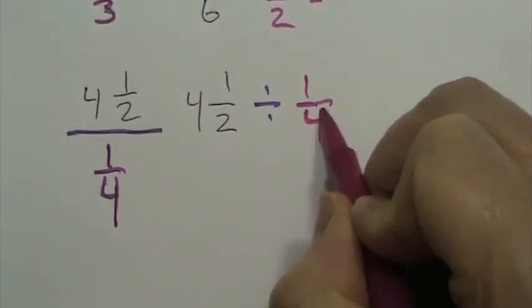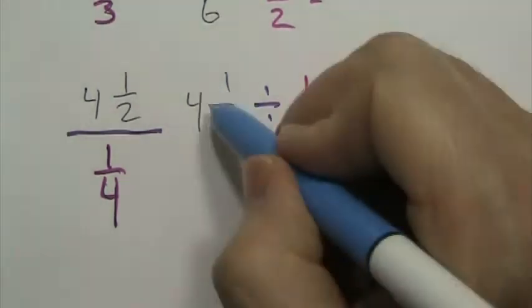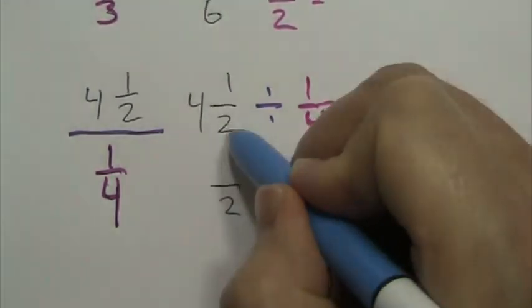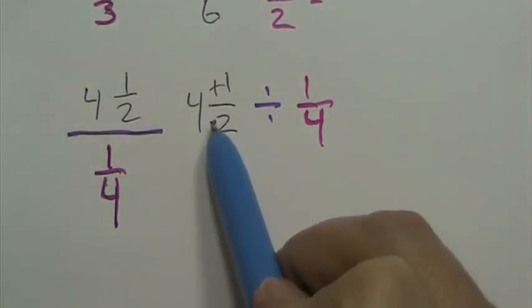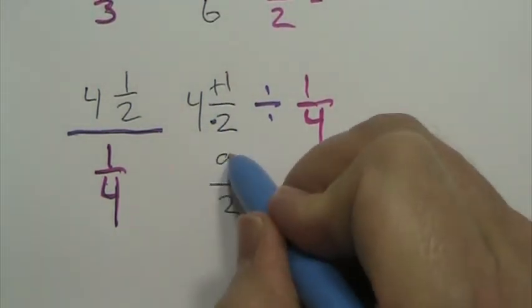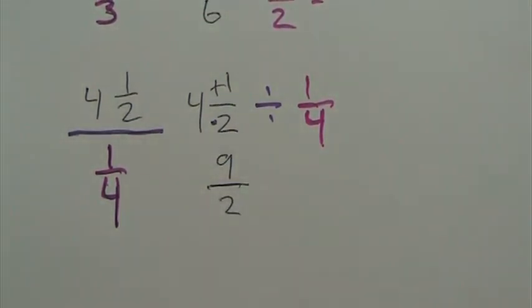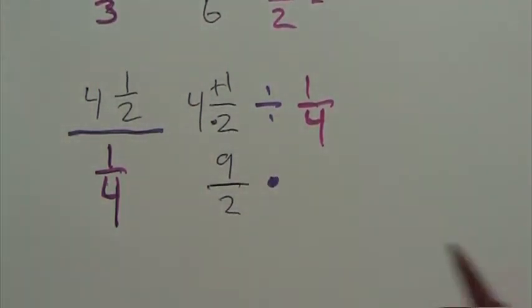Okay, so I rewrote it. Now, this needs to be a fraction. So you have to do the times and the plus. 2 times 4 is 8, plus 1 is 9. See that? I have to make it into a fraction. Then, I'm going to multiply by the reciprocal.